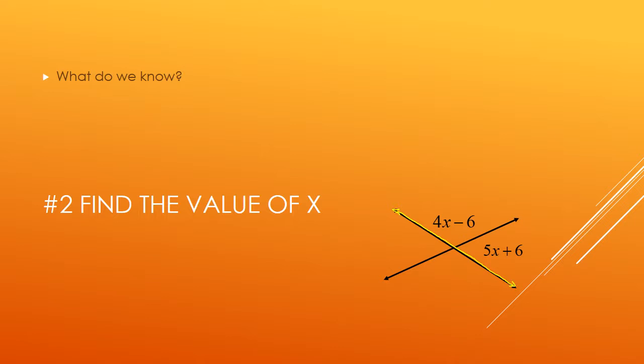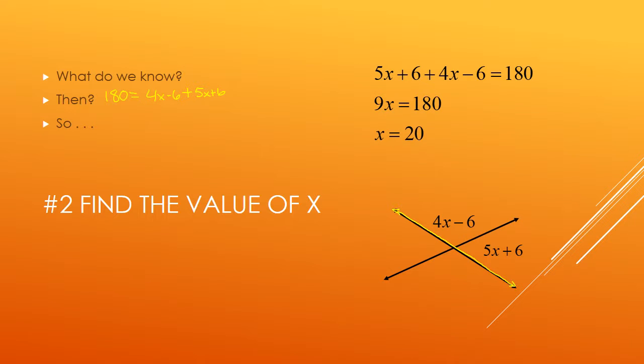They form a line, and a line or a straight angle is always equal to 180. So 4x minus 6 plus 5x plus 6 is then equal to 180, since 2 parts equal a whole. So we can write that as an equation, and we can solve for it.